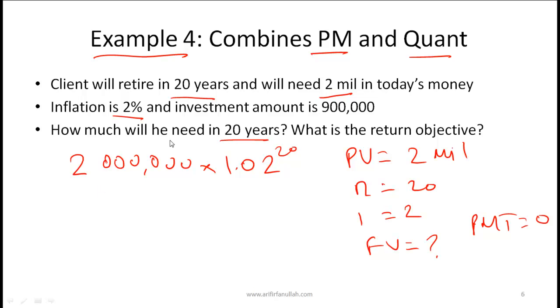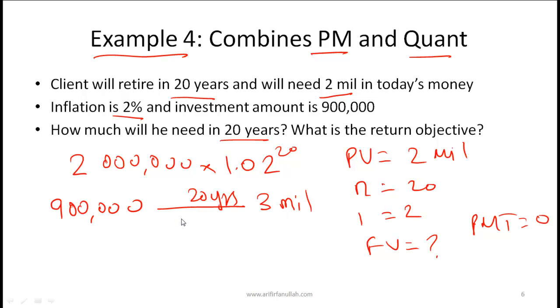What about the second part? What is the return objective? Now, this again is straightforward. We are investing 900,000, so this is your PV. The 900,000 needs to become roughly 3 million in 20 years.